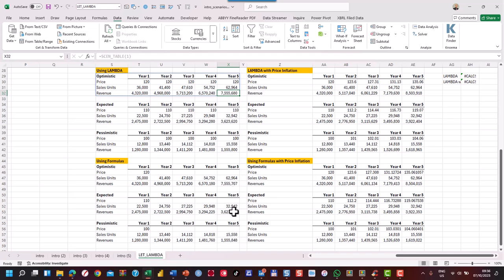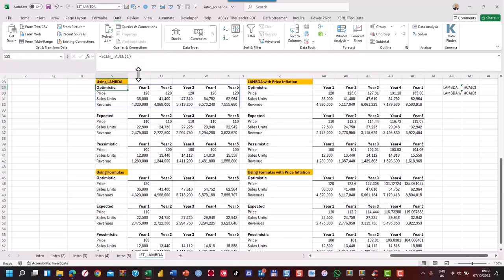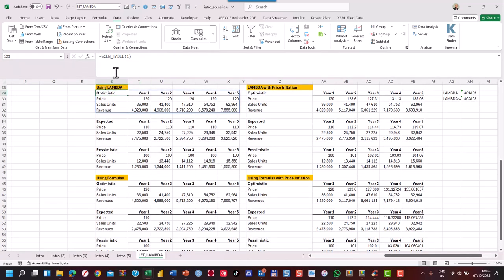And what's the lambda function? Well, actually, I created a user-defined function. So in here, all you'll see is scan scenario table option 1, option 2, option 3. So where's the lambda function?